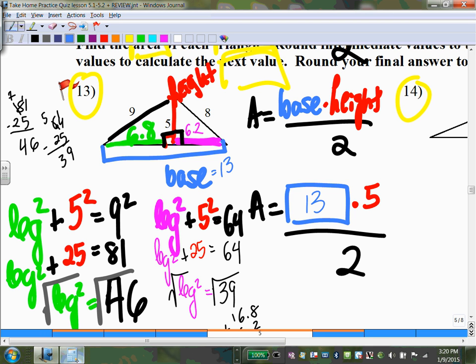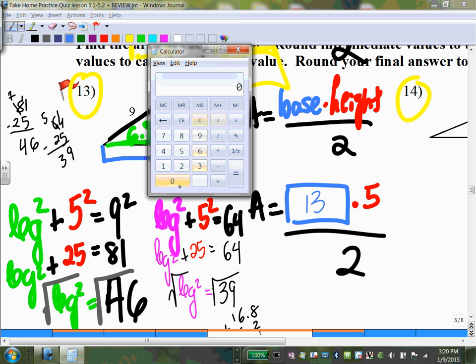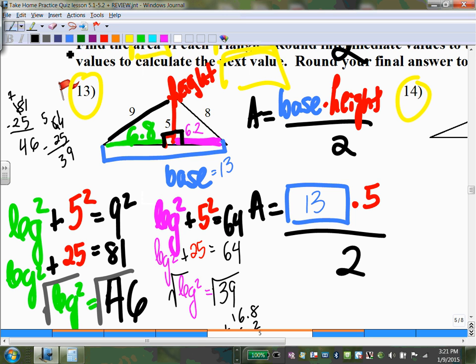And to find the area, we simply do base, which is 13, times the height, times 5, divided by 2, 32.5. So our final answer is 32.5. We're just going to write units squared because we weren't told what the units were.